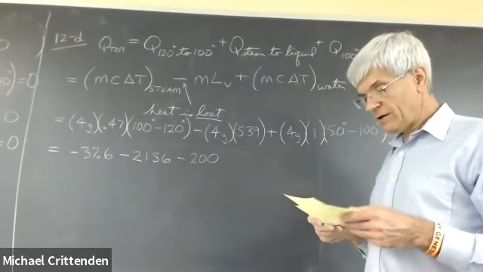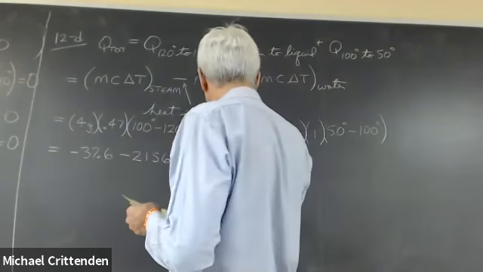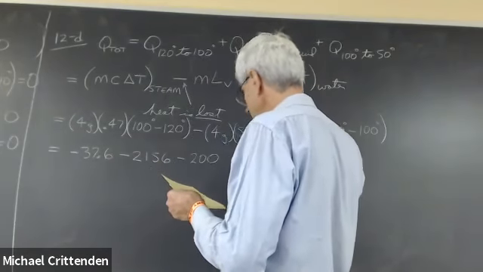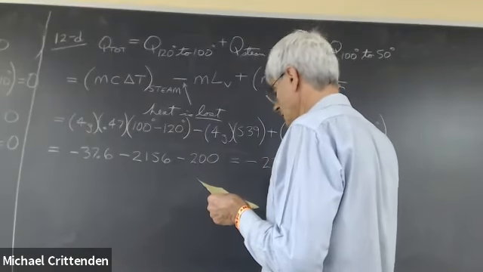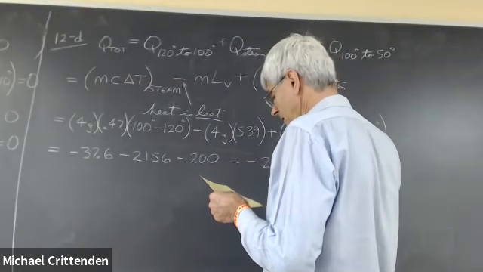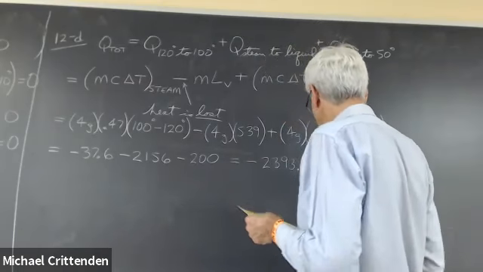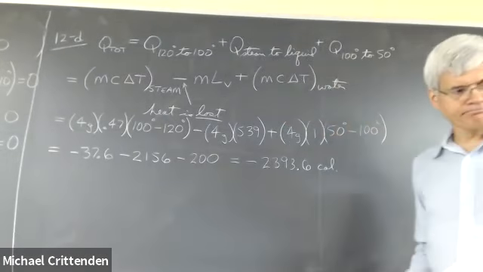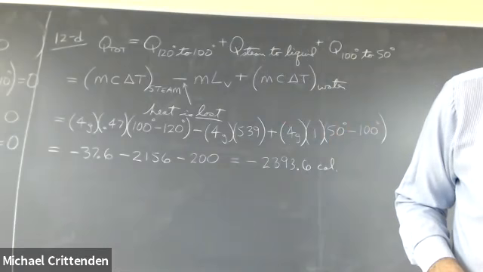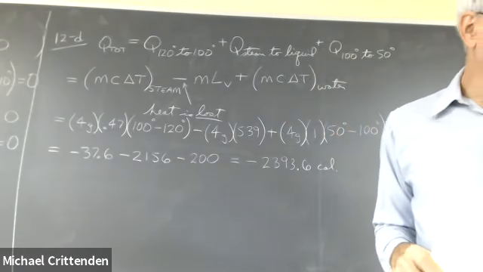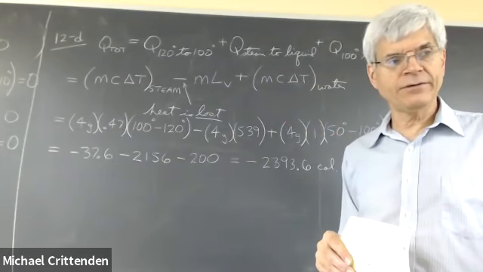Add those 3 things together, and what you've got is negative 2393.6. And people sometimes look at where I've got the answer written there on the handout, and they say, well, do I have to have it in kilocalories?